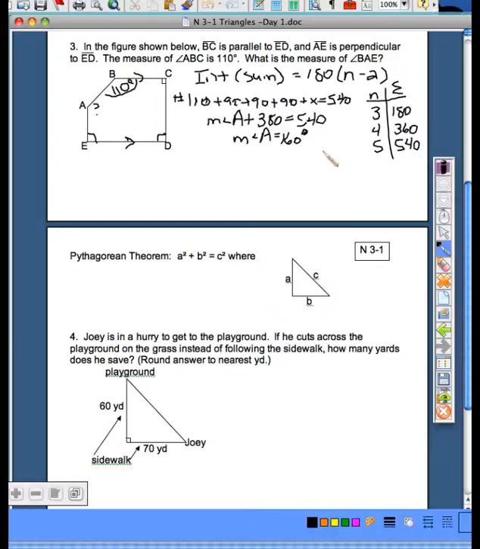All right, so method 2 is if we could draw a line AF parallel to BC. So we're going to draw this in here.